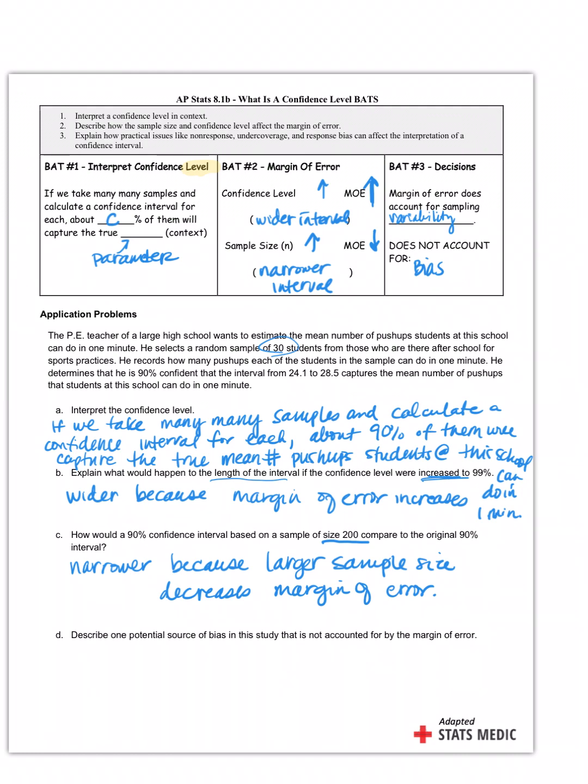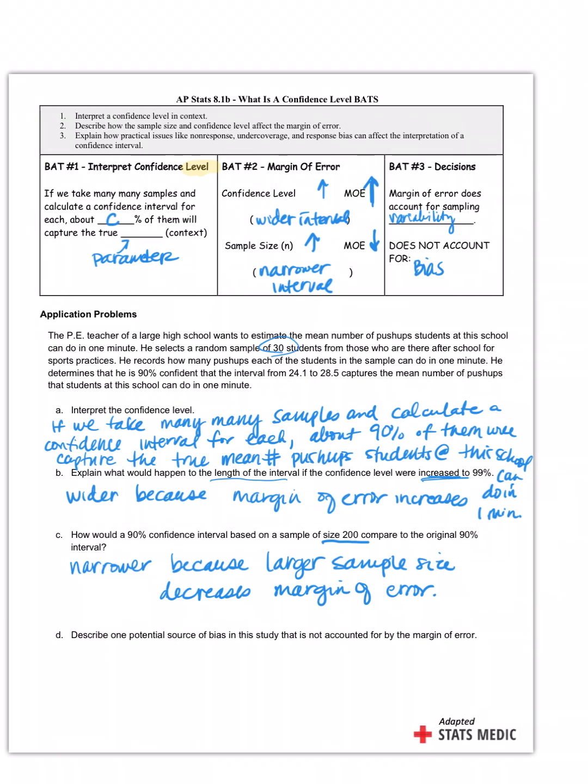And then D, describe one potential source of bias in the study that's not accounted for by the margin of error. Well, looking at the way they collected the data, what does it say he does? He selects a sample of 30 students from those who are there after school for sports practices. So he's only selecting from athletes at practices. So anyone who goes to the school that's not in athletics is not part of this data, right?